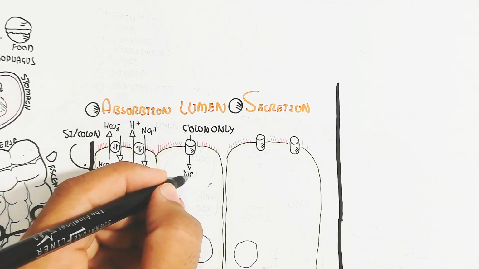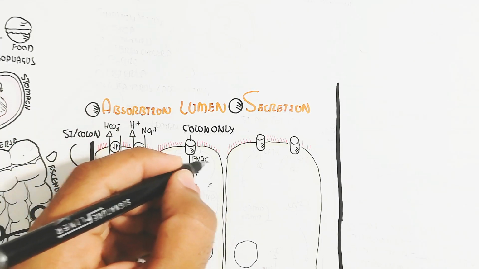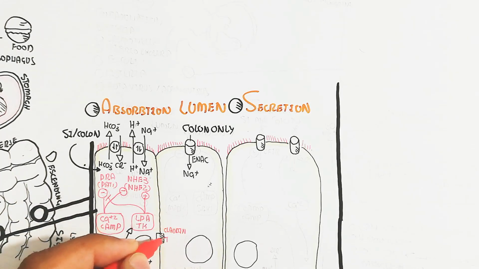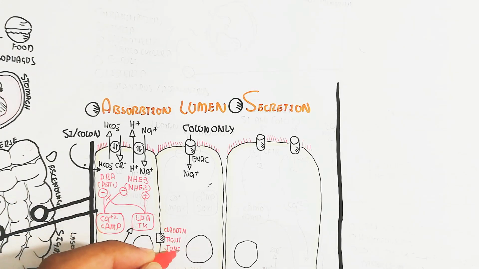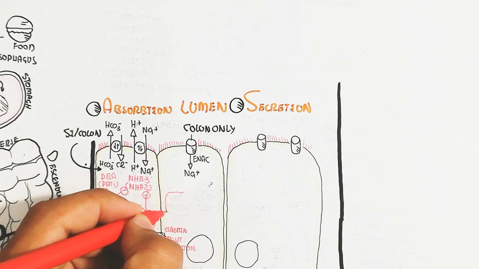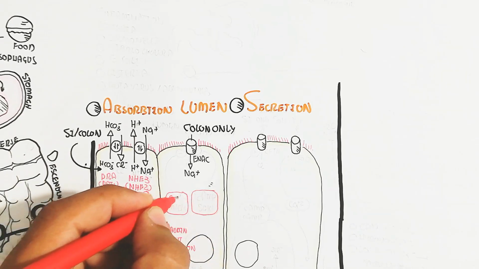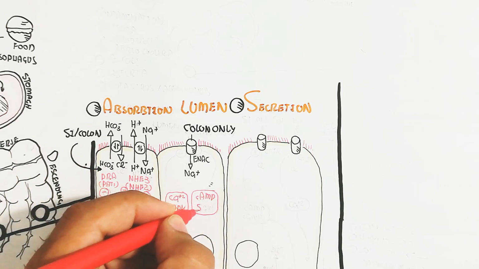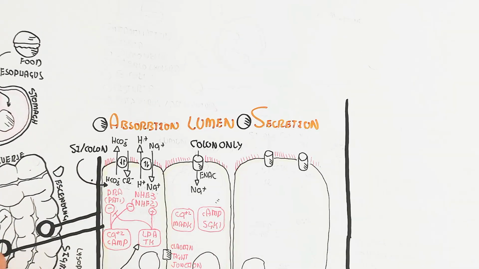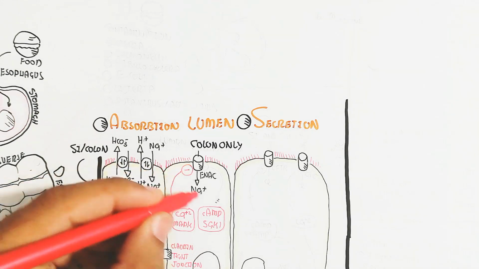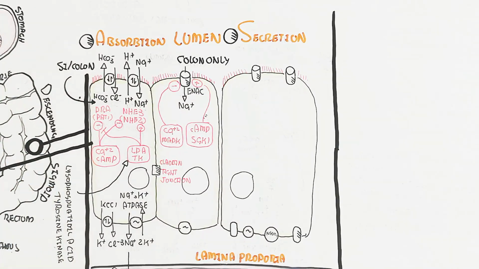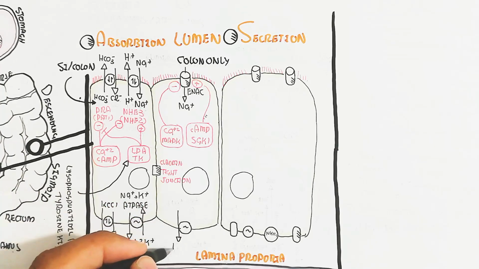Let's understand the colon only. What will happen? The ENaC channel is important for the influx of sodium, and the tight junction does not allow sodium to move inside. Here you can see cyclic AMP, MAP kinase and SGK1 will trigger it, while calcium and MAPK will inhibit.